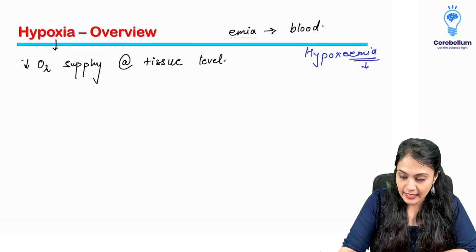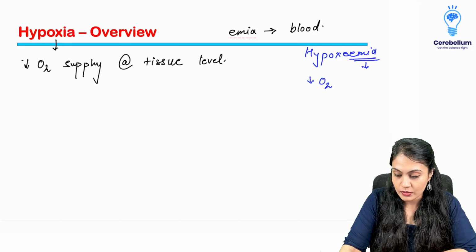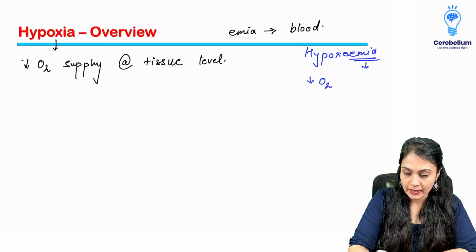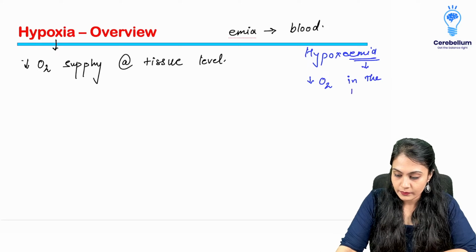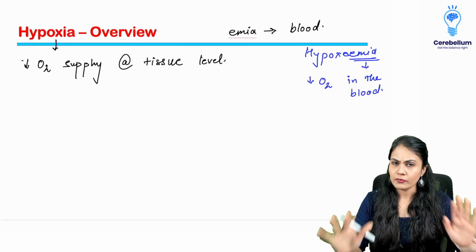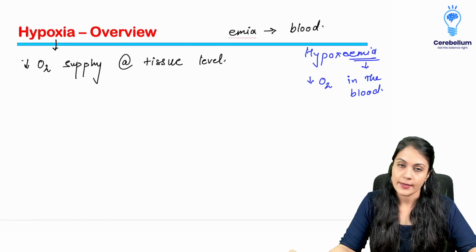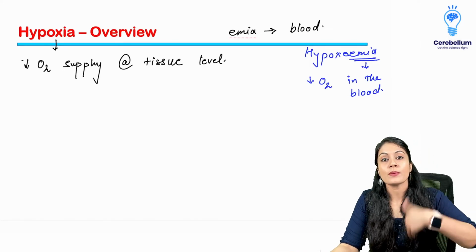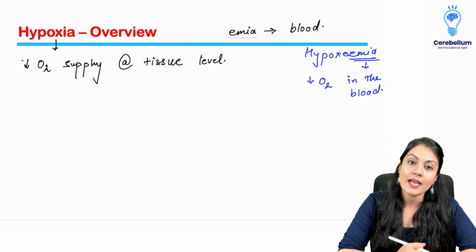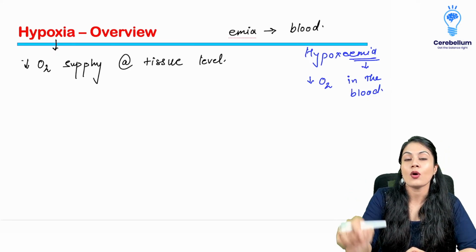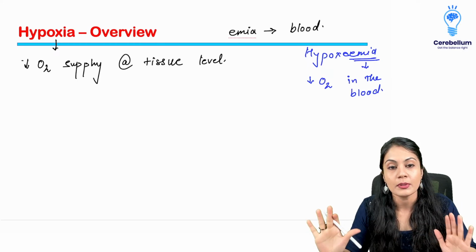If I write hypoxemia, the word emia is coming, that means you know that this is going to be a decrease in oxygen in the blood. But we don't usually talk in terms of hypoxemia. We usually talk in terms of hypoxia, because definitely we have to supply the oxygen towards the tissue, isn't it? So hypoxia is decreased oxygen supply or decreased oxygen in the tissues. That's all. This is the simple terminology of it.